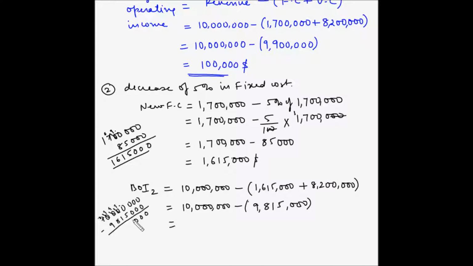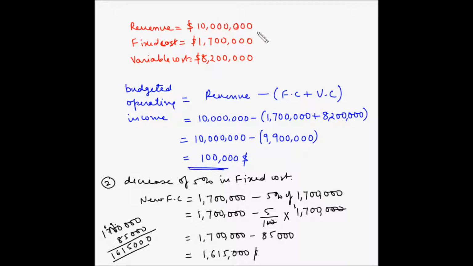So this is 10 minus 5, which is 5, 9 minus 1 is 8, 9 minus 8 is 1, 9 minus 9 is 0. So this is equal to $185,000.